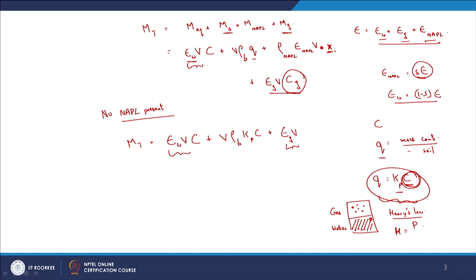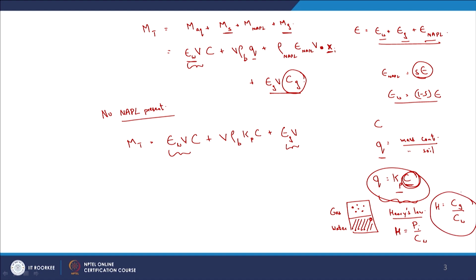But typically it is the partial pressure of the gas by the concentration of the contaminant in the aqueous phase. Or, depending upon the units, Henry's constant is also the concentration in the gaseous phase by the concentration in the water.